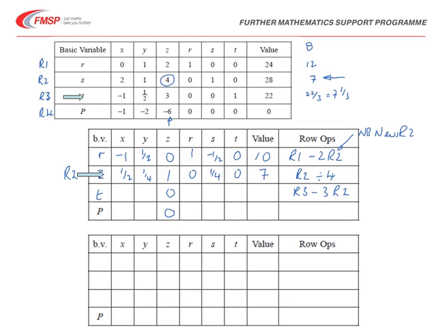Again, it's the new row 2 that we're talking about here to produce a new row 3 in a second. And if you do that, you get negative 5 over 2, negative 1/4, 0, 0, negative 3/4, 1, and then a value of 1.